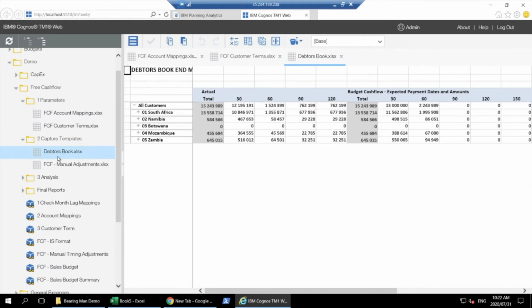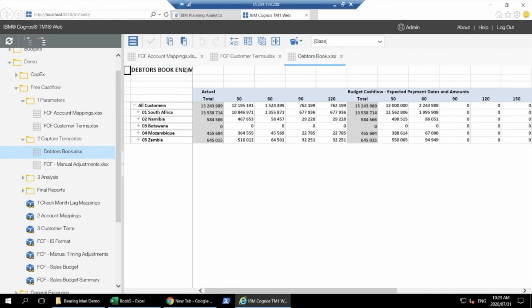Obviously, in reality, you'll have moving forecasts during the course of the year. But in this scenario, for demo purposes, we've kept it fairly straightforward in terms of the periods that we are looking at. So we are sitting currently at the end of March.